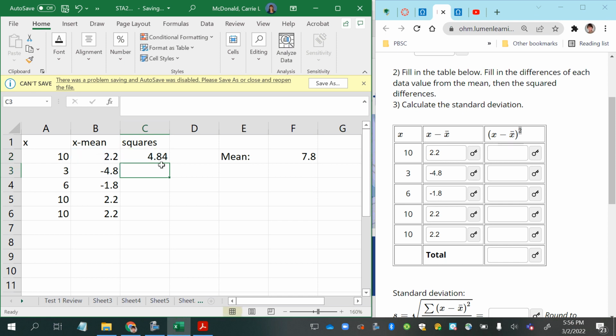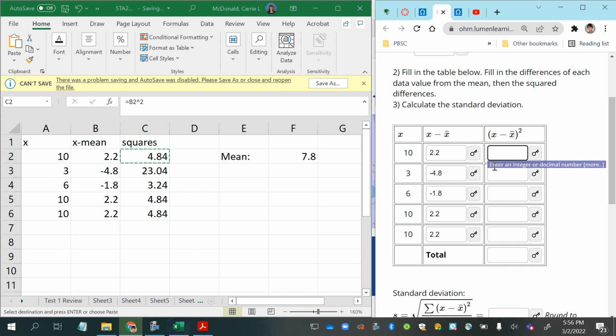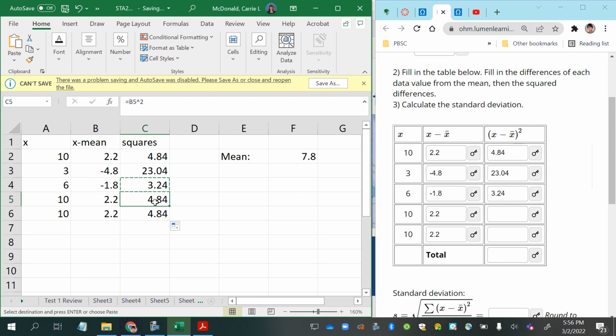And I only need that one simple calculation there, and now I have the answers to the table for the next part down. And then finally, we're almost to the point where we can finish this up.